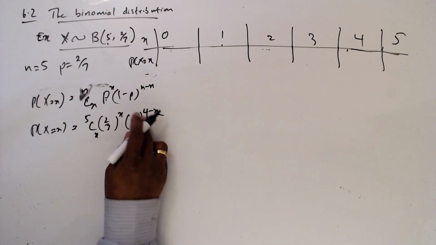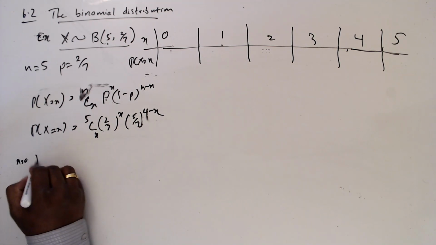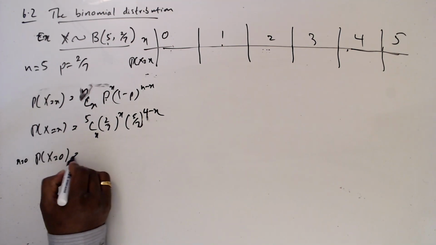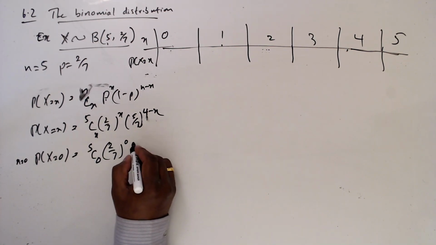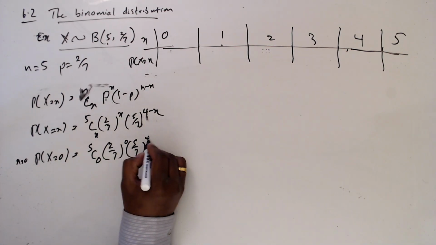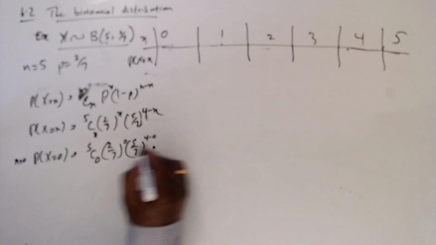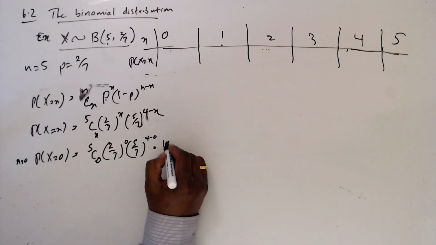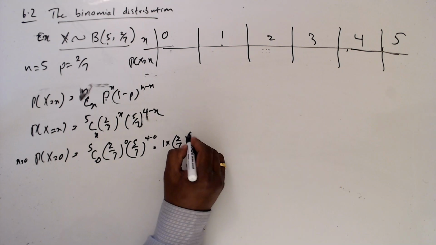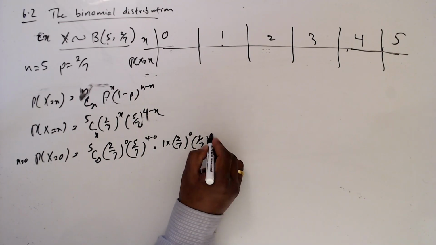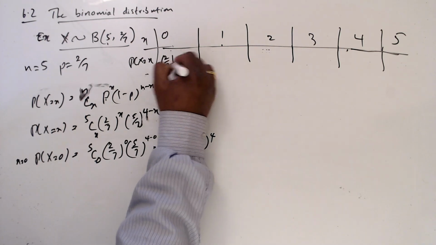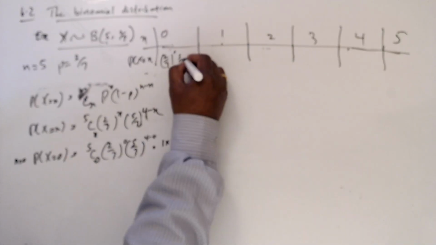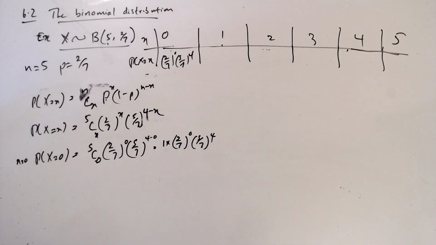Now we can write x equals 0: P(X = 0) = 5C0 (2/7)^0 (5/7)^(4 − 0). 5C0 is 1, times (2/7)^0, (5/7)^4. So this is going to be (2/7)^0 (5/7)^4.